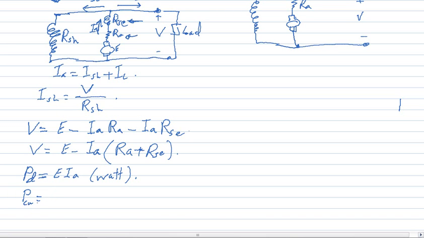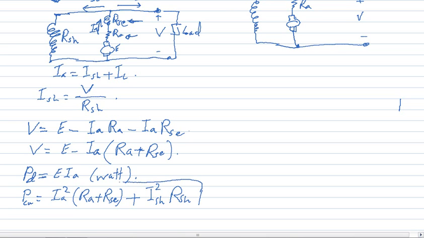The total copper loss in this machine will be IA square multiplied by the armature resistance plus the series resistance, plus the copper loss in the field windings, which is I shunt square multiplied by R shunt.